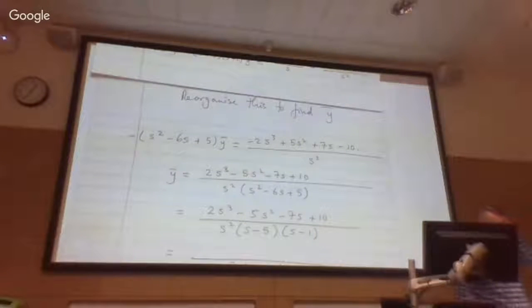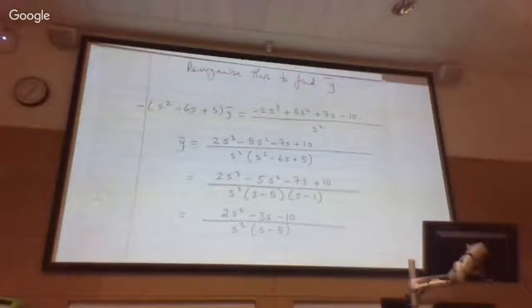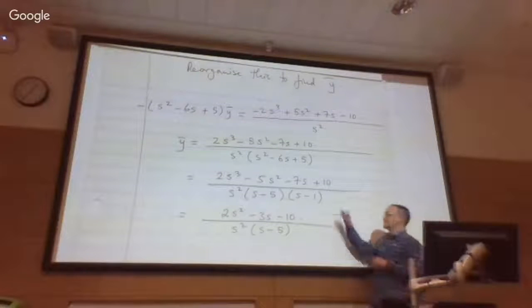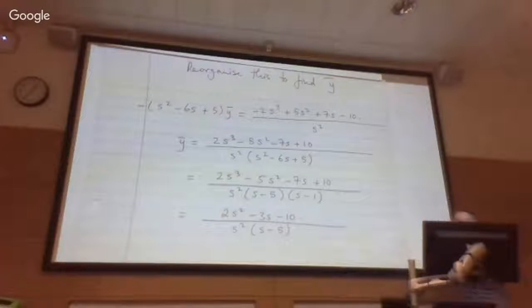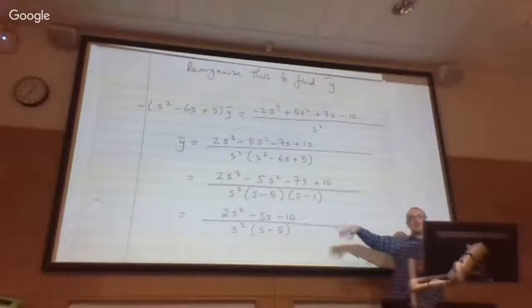Just simplify it a little bit. So what gets left behind is 2s squared minus 3s minus 10. That's after dividing by s minus 1. So we simplified it a bit, but you still can't find that in the table.